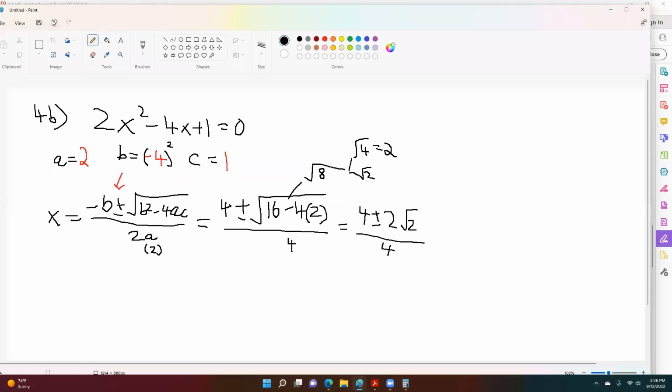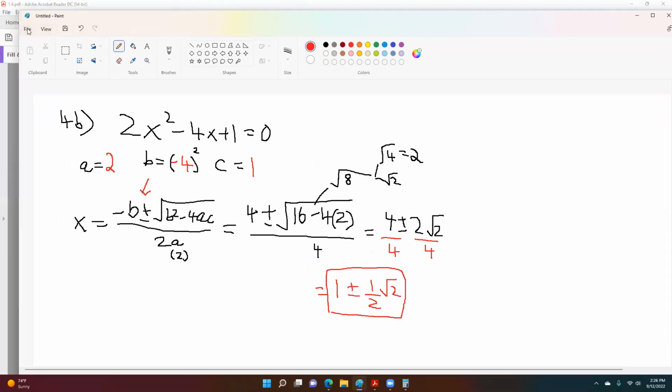And as I mentioned earlier, I do not want to leave it all over 4, so I will break it down into 2 4s. Now the 4 and 4 here cancel because 4 divided by 4 is 1, and 2 over 4 is 1/2. So your answer in this case will be 1 plus or minus 1/2 times root 2. So this is your answer for question 4B.